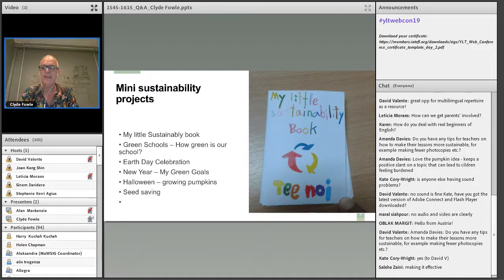Do you have any ideas on making lessons more sustainable, for example, using fewer photocopies? Yeah, I think when you teach, children are very good at keeping their eye on you too. So you teach them about recycling, reusing and reducing, and you really have to live up to what you say.